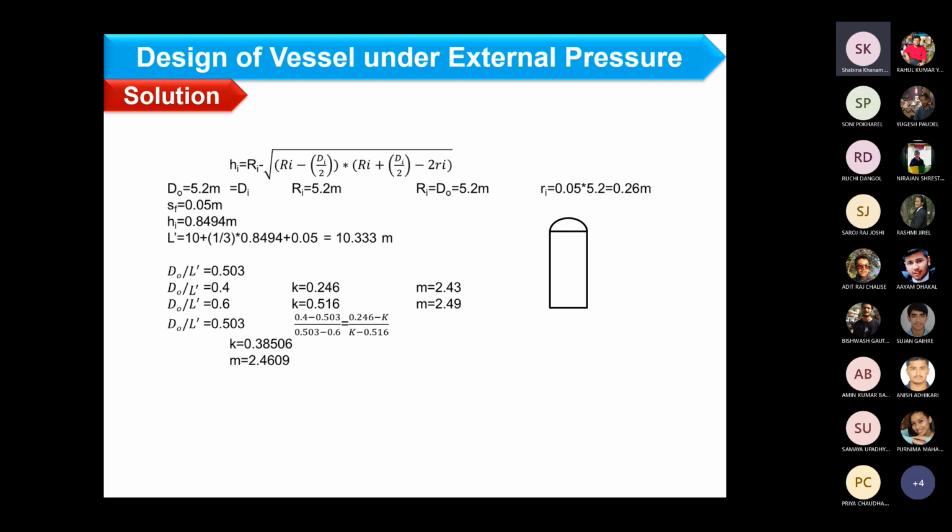Okay, the elastic condition thickness we will put in the plastic condition, and then we will see whether the thickness is suitable to withstand the plastic condition pressure or not.